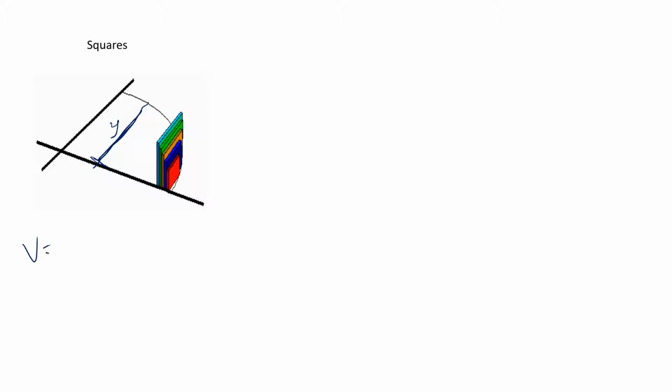The volume will be the integral from a to b of y squared dx. And again, y is going to be just the top minus the bottom. So that's for squares. That's what we just saw. We take it and we square it.